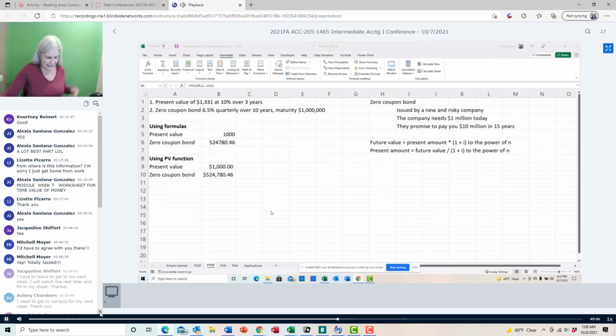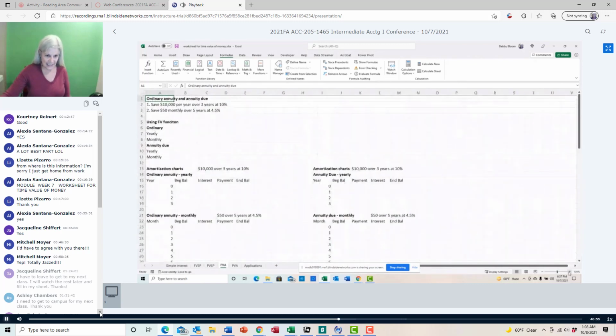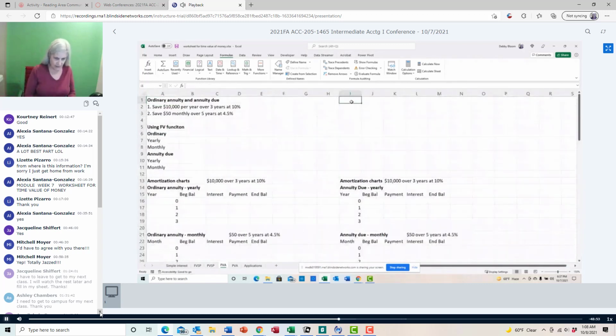It explains everything. So let's move over now to our third tab, FVA, which stands for Future Value of an Annuity. So in accounting, an annuity is a series of payments, all the same amount, spaced at exactly the same intervals.